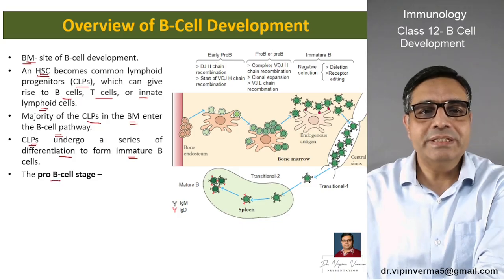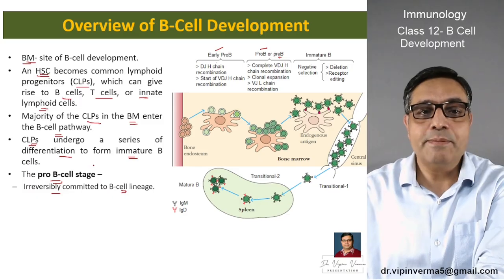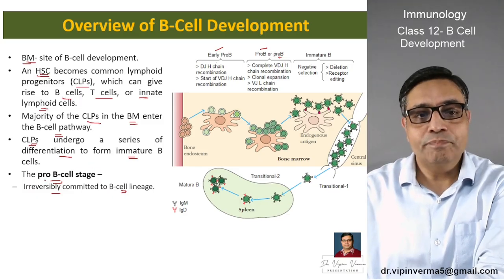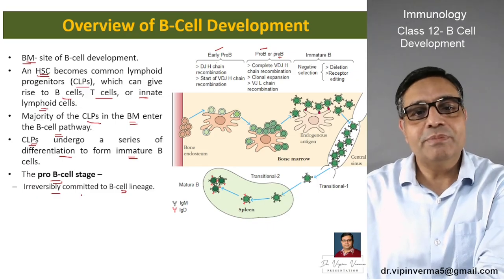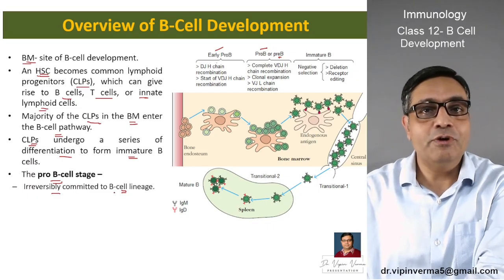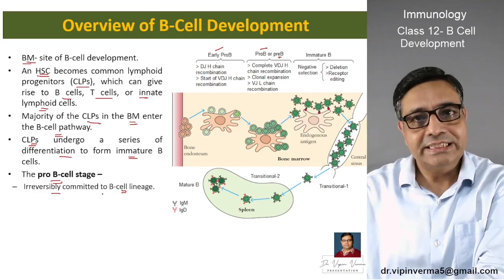This is the pro B cell stage, which is divided into early pro B and pro B or pre B stage, followed by the immature B cells. The pro B stage is irreversibly committed to the B cell lineage. Once the CLP enters the pro B cell stage, it is irreversibly committed to the B cell lineage. It will not form any other kind of cell.